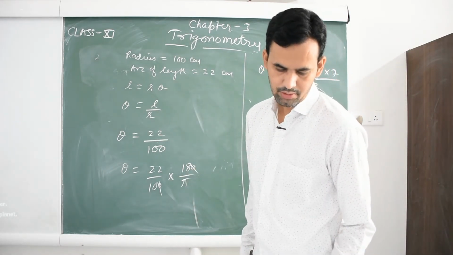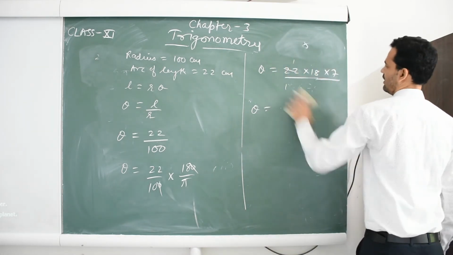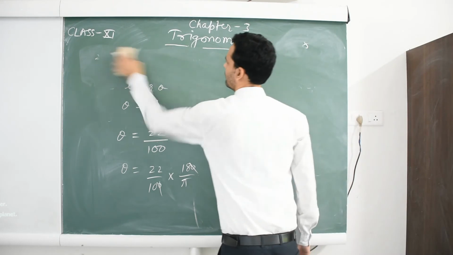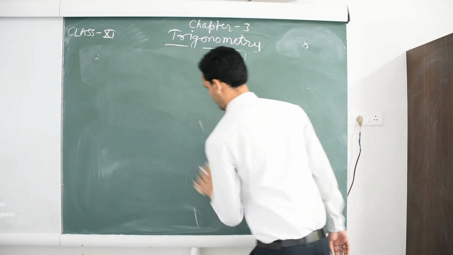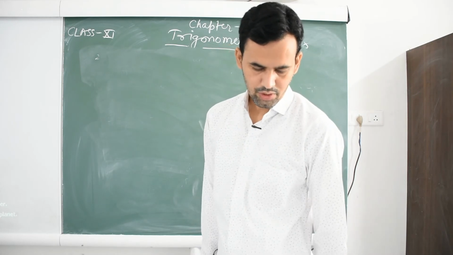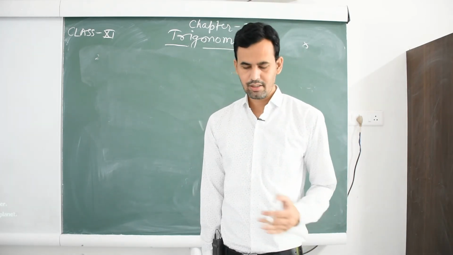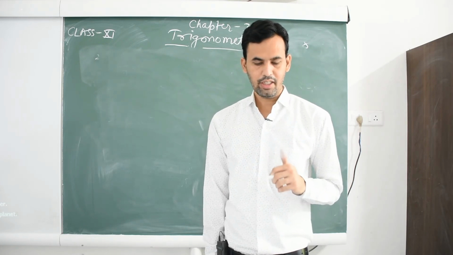Now next question, question number 6 of this exercise. If in two circles arcs of the same length subtend angles 60 degree and 75 degree at the center.